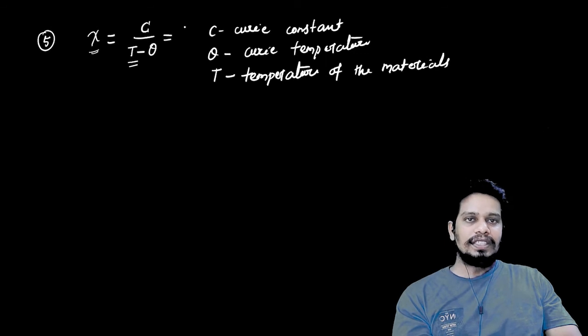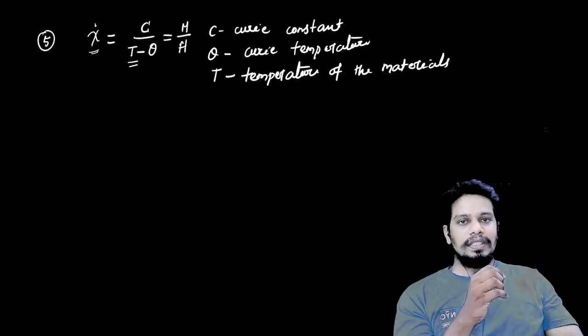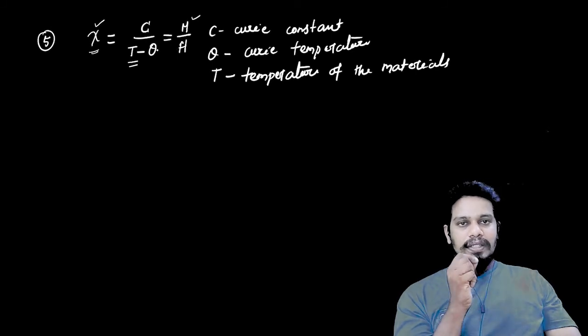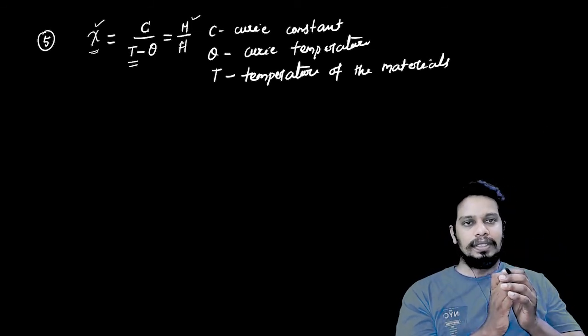Another definition of susceptibility is magnetization M divided by the applied magnetic field H. If the susceptibility goes down, the magnetization goes down. That is the meaning of the susceptibility as temperature increases.